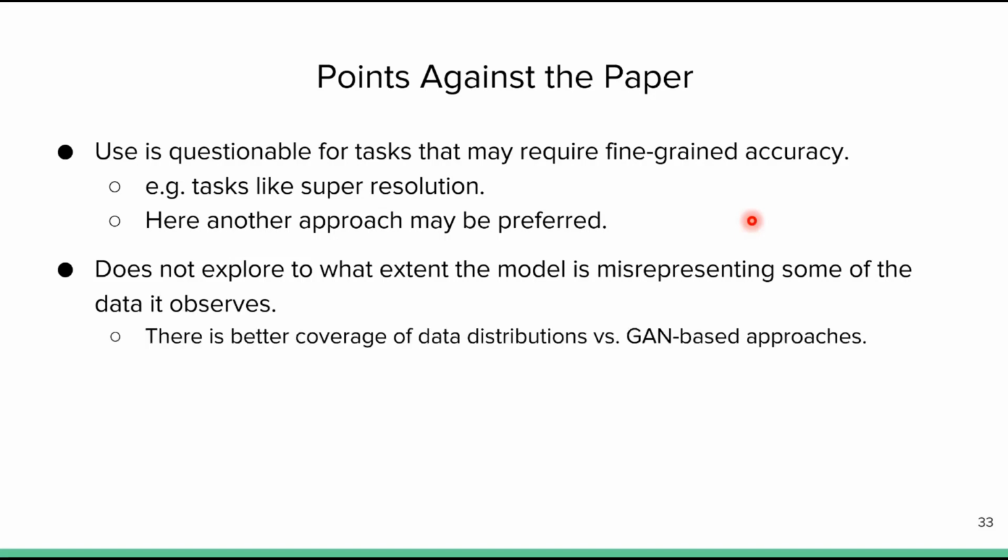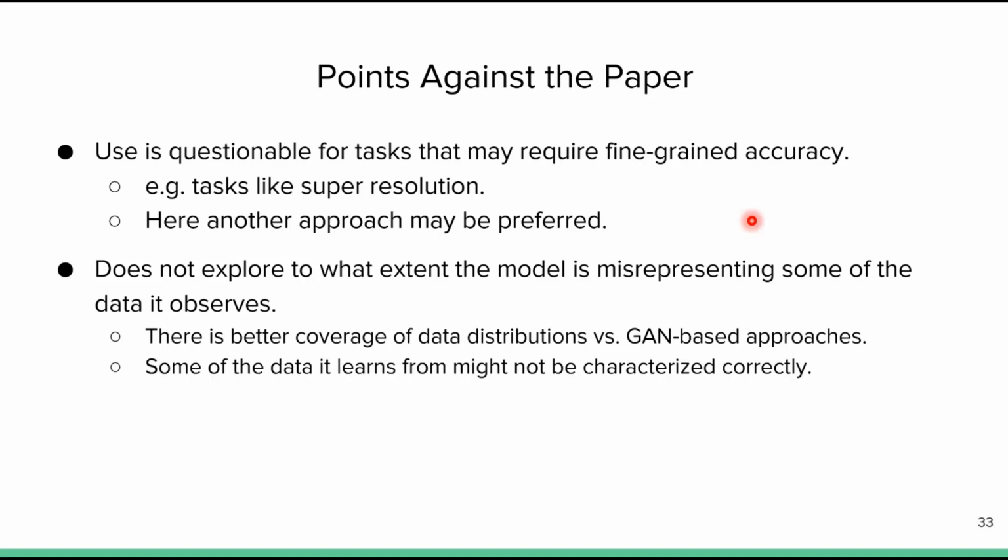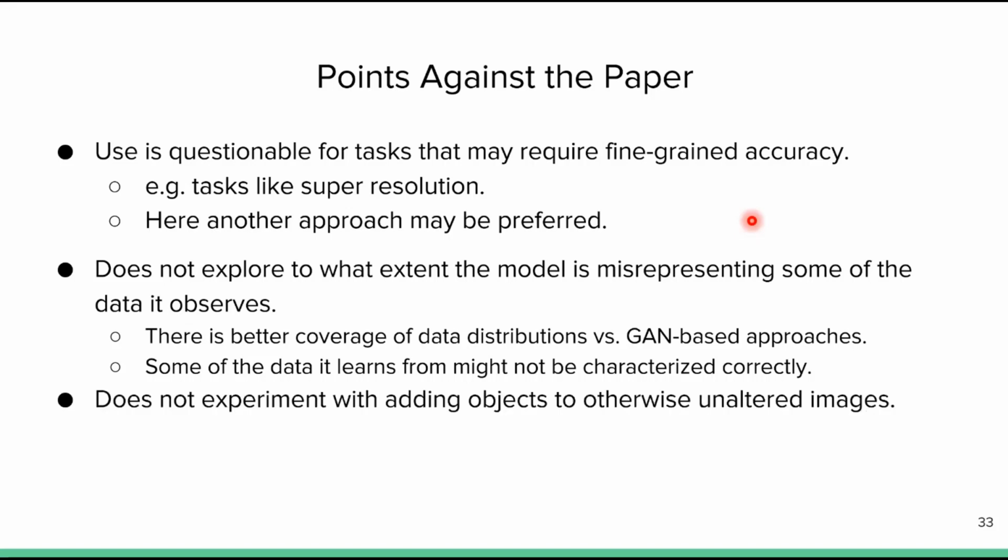Diffusion models do have better coverage of data distributions versus, say, a GAN-based approach. But in general, some of the data that they see might not be characterized correctly. This is something that the authors acknowledge is an important ongoing research question, but it's not really addressed beyond that.